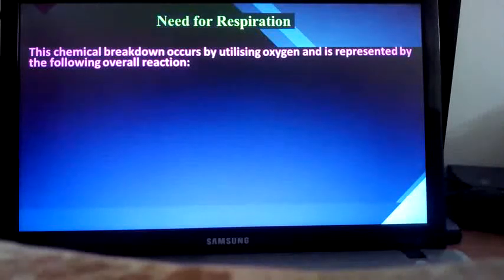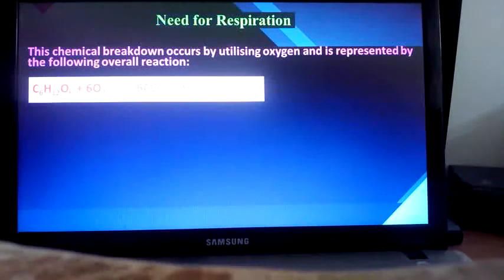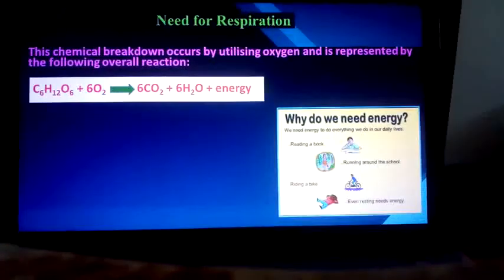Here chemical breakdown occurs utilizing oxygen and is represented by the following reaction, that is C6H12O6 plus 6O2 gives 6CO2 plus 6H2O plus energy. That is 6 carbon dioxide and 6 water and 38 molecules of energy.